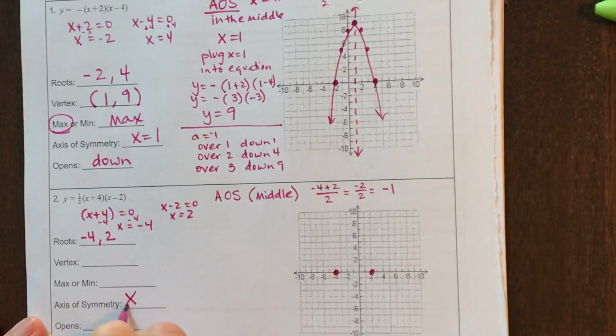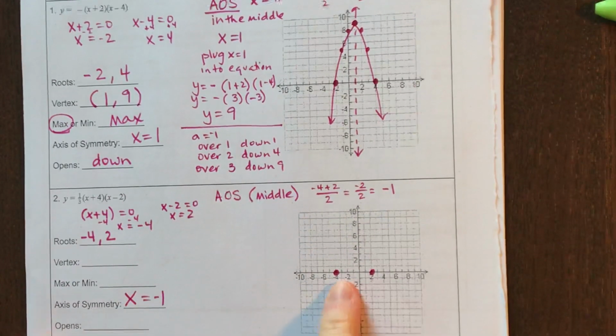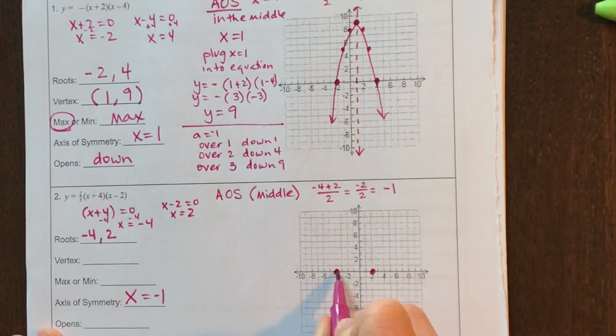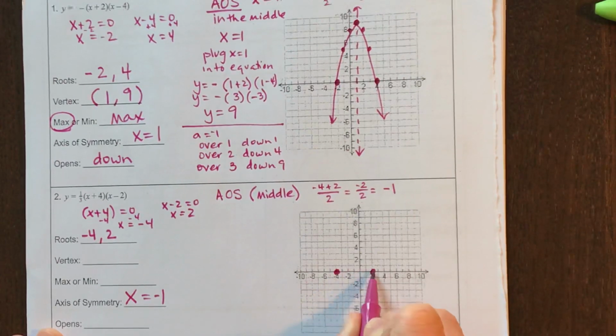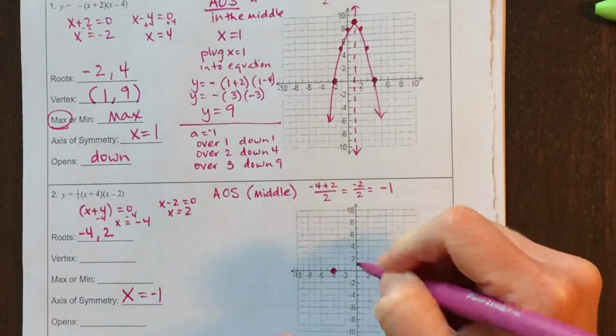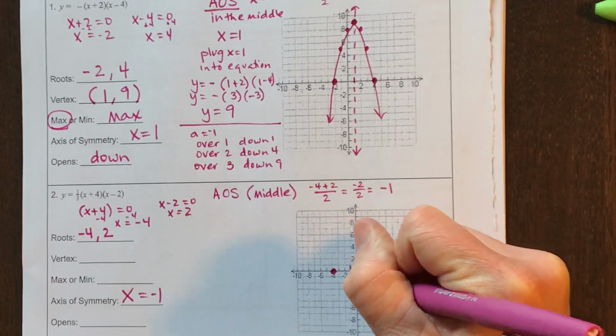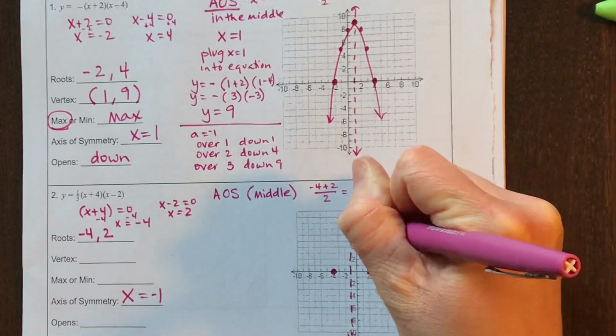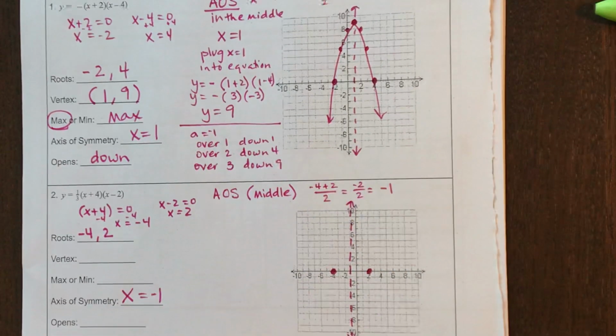So my axis of symmetry is at negative 1. Or what you could do is just count. How far apart are these? 1, 2, 3, 4, 5, 6 units apart. So 3 would be in the middle. So that's where my axis of symmetry is going to be, exactly in the middle of those 2 points.